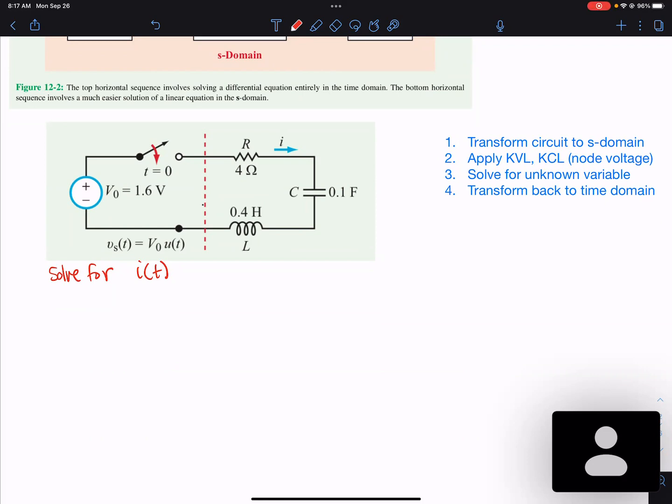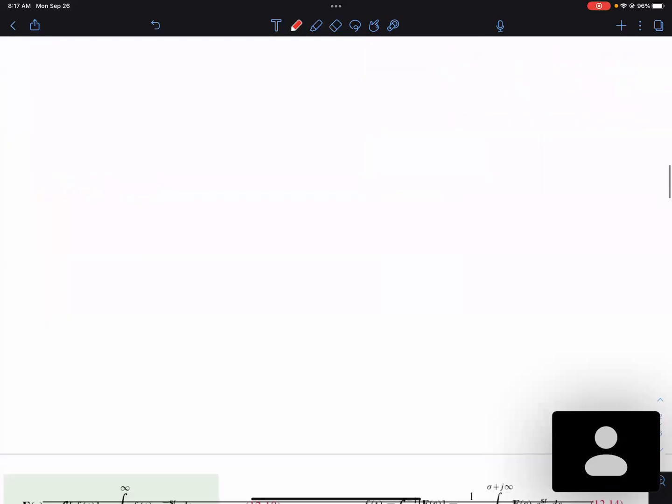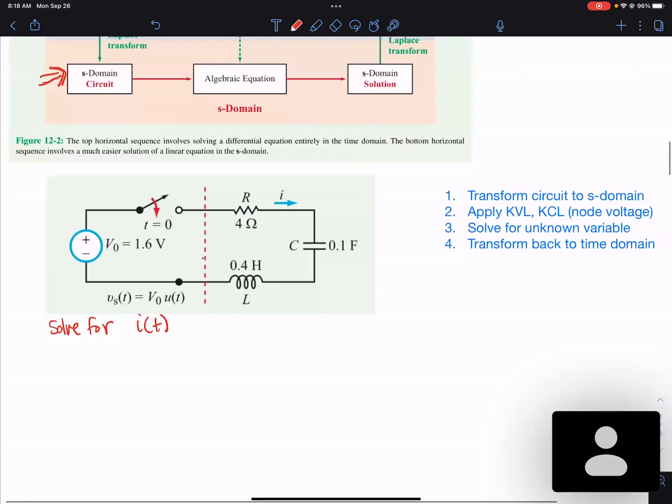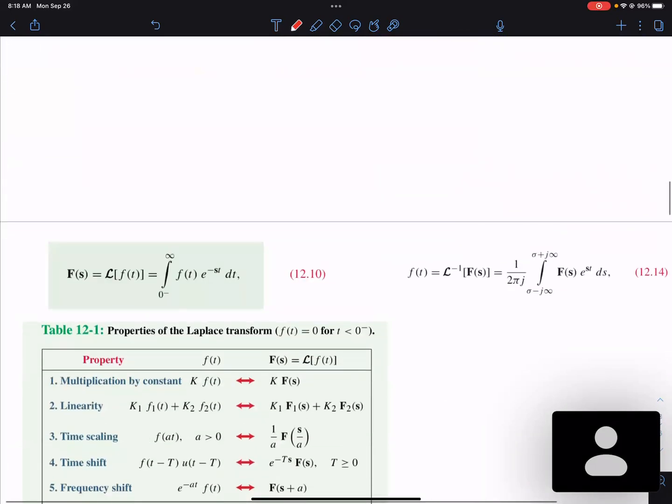Sorry, pulling up my notes. There we go. So an input signal, let me fast forward a little bit. The Laplace transform looks like this. For any function f of t, you define it with a capital F, and that denotes that we're in the Laplace domain, the S domain.